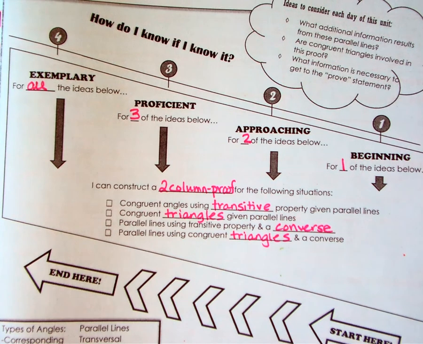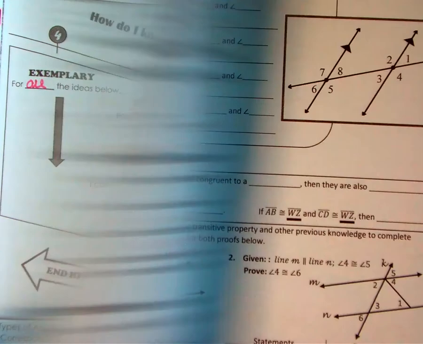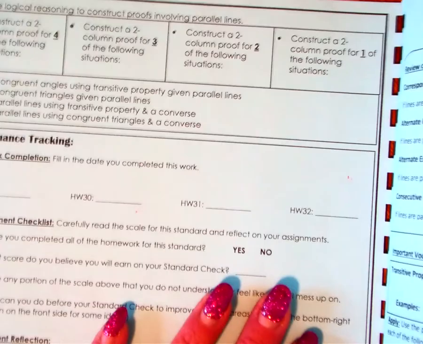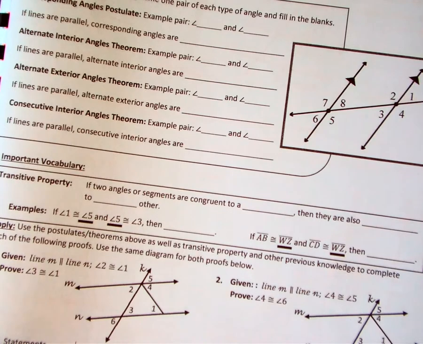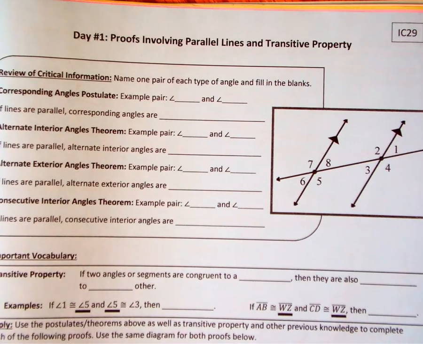Again, I will remind you that on the back side of that is your self-reflection for you to go through and keep track of where you're at in your development. Okay, so for in class 29 today, we have proofs involving parallel lines and the transitive property.